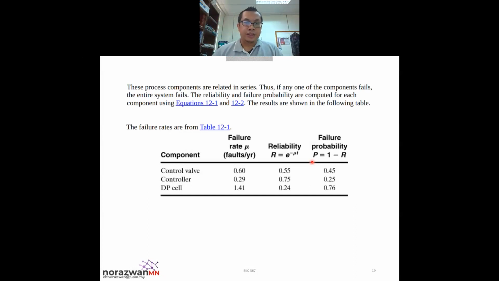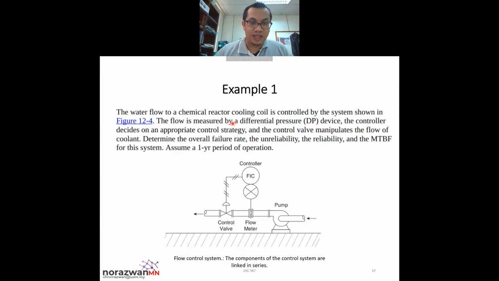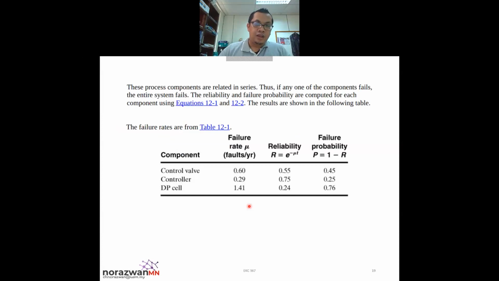So these process components are related in series, because you see all the equipment is related in series. So this is a series system. The process components relate in series, thus if any one of the components fails, the entire system fails.